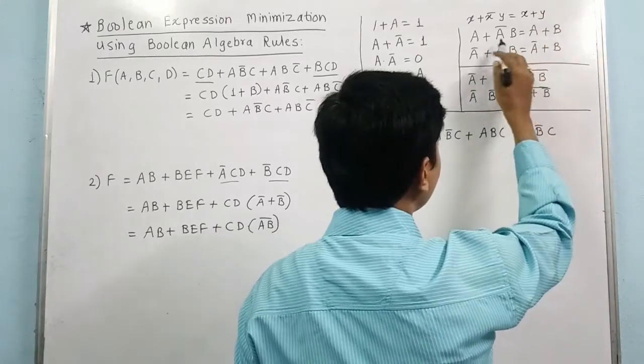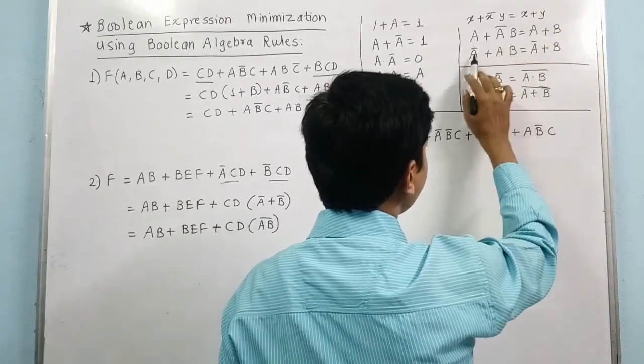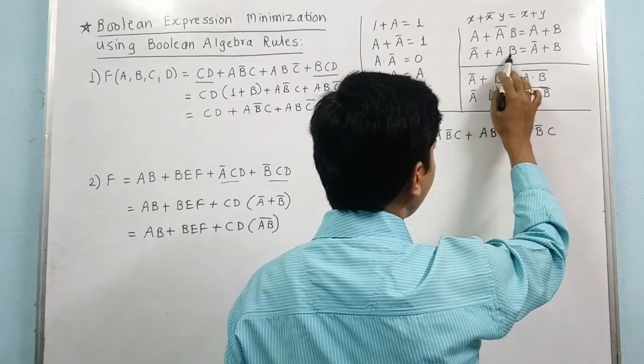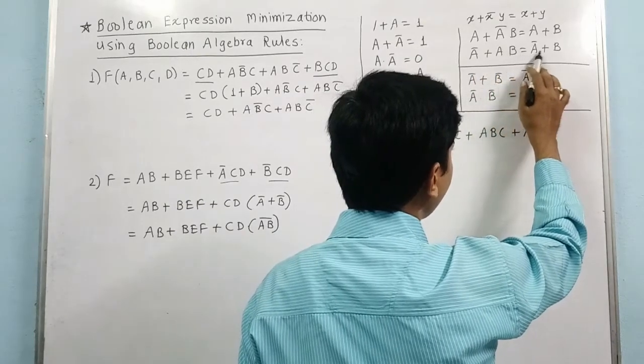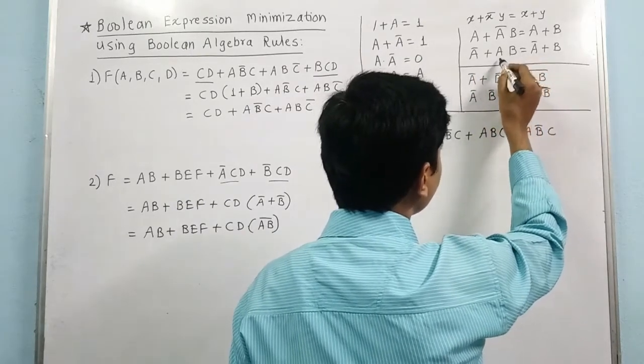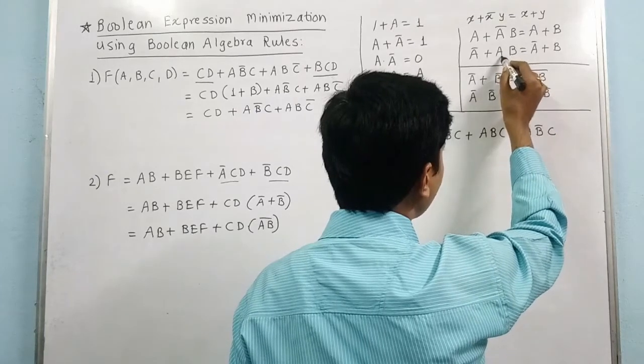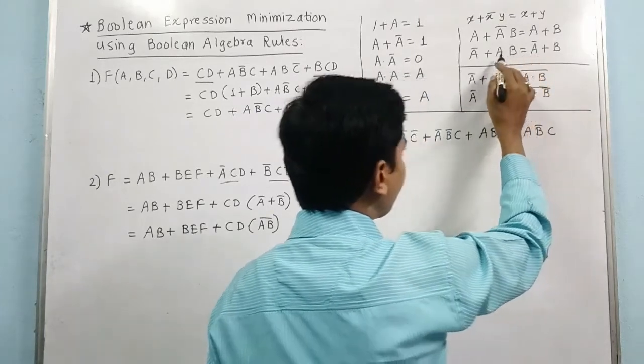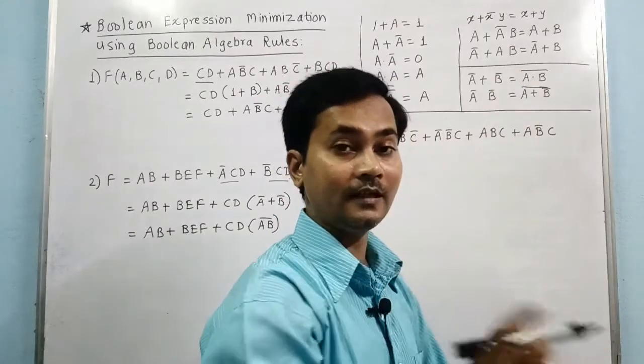Or if you have the expression A bar plus AB, it is converted to A bar plus B. Whichever complemented variable is multiplied to another variable, that complemented variable will be discarded.